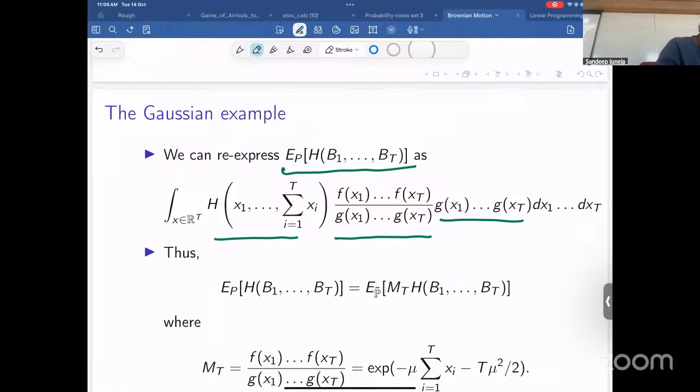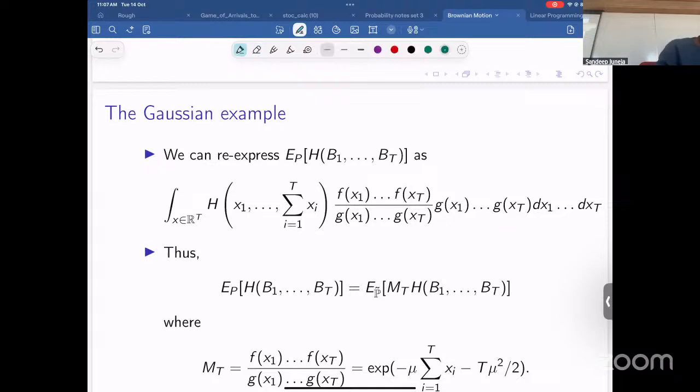But the point is, and this brings home what we are doing, now it's an expectation under P tilde of a random variable which is MT times h of B1 through BT.